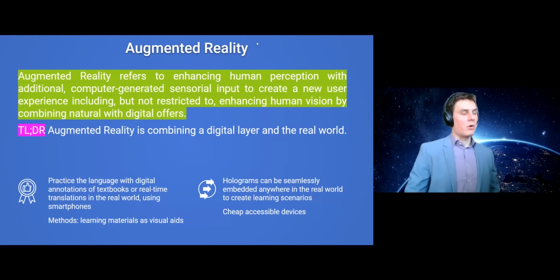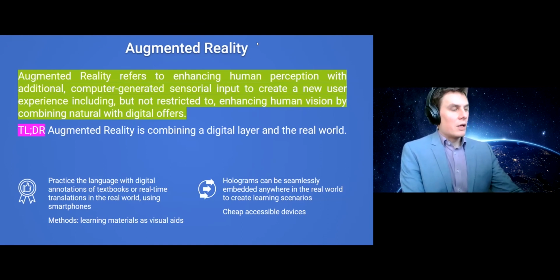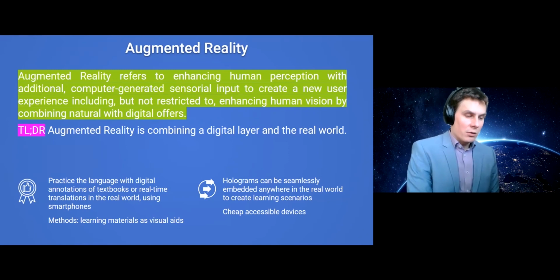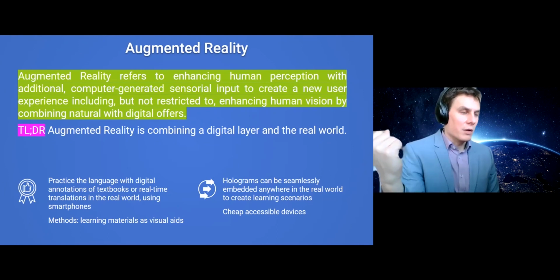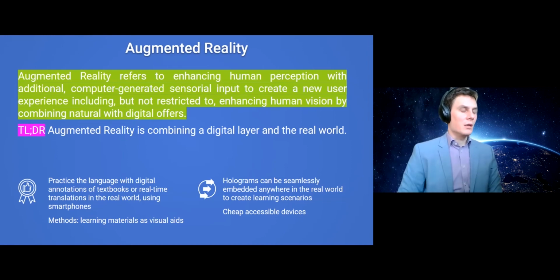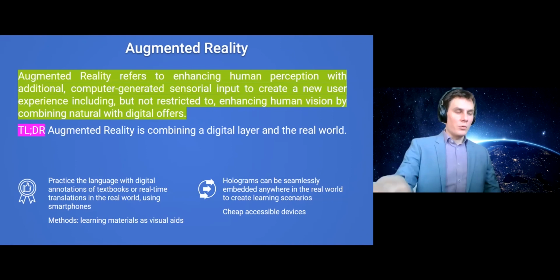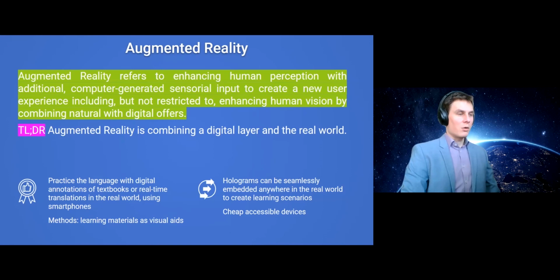Augmented reality also very often relies on a lot of sensors, so that the technology does not simply display something in front of your eyes, but understands the physical environment around you and embeds the holograms or the digital layer into the physical environment correctly, so that you have an illusion that the holograms are actually placed and located in the physical world.